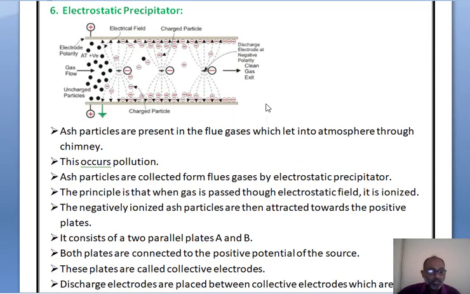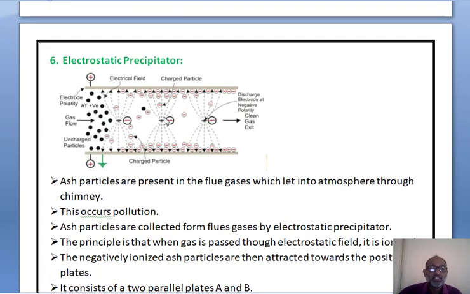Now next, electrostatic precipitator. Here you can see, the ash particles are present in the flue gases. If we let these ash particles into the atmosphere through the chimney, pollution occurs. Now these ash particles are collected from the flue gases by the electrostatic precipitator.